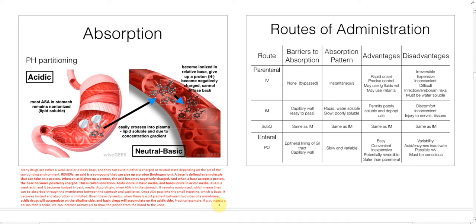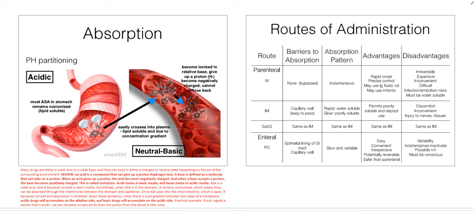If, say, a patient were to be poisoned with an acidic poison of some form, then giving the patient something to make the urinary pH higher will draw the poison towards that alkalotic urine.